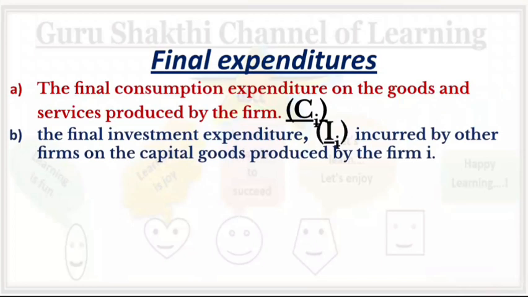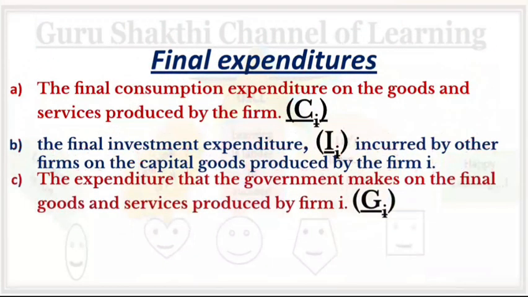It is the expenditure of other firms, XYZ, which purchase capital goods from firm I. GI is the expenditure that government makes to get the final goods and services of firm I.